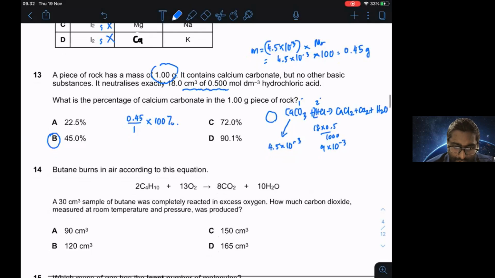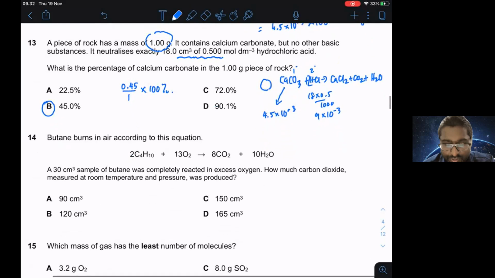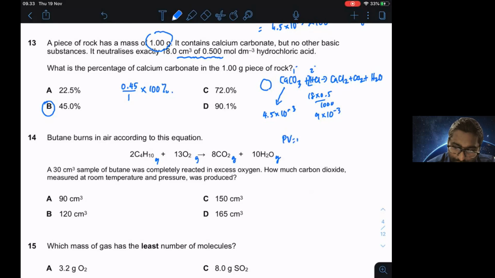Done. Now, butane burns in air according to this equation. You need to know that butane is actually a gas. This is also a gas. Carbon dioxide is also a gas. When you burn something, this is going to be released in the form of steam. Whenever we are reacting something and they are gases, we have also learned about PV equals nRT. You can rewrite this: PV divided by RT equals n.